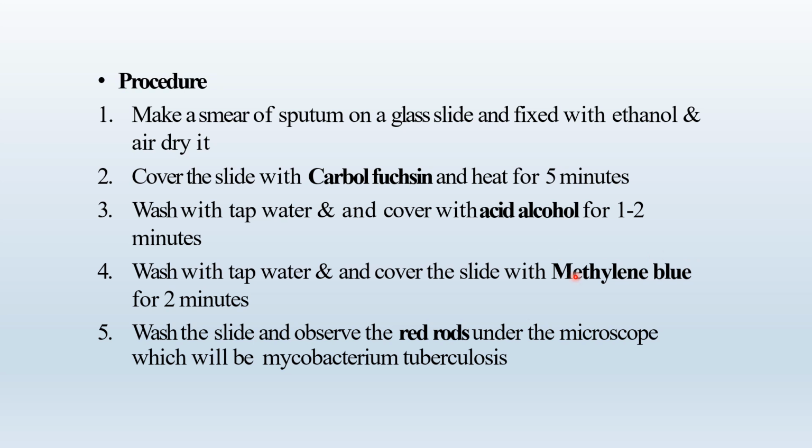And then after washing the slides and after air drying, this slide is observed under the microscope to see the Mycobacterium tuberculosis bacteria that would be seen as red rods.